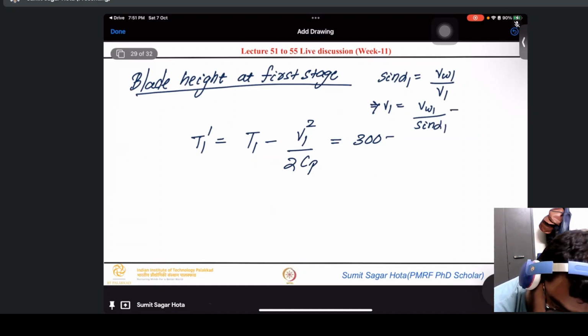Okay, what is VW1? 46.8. What is sin alpha 1? Sin 10.